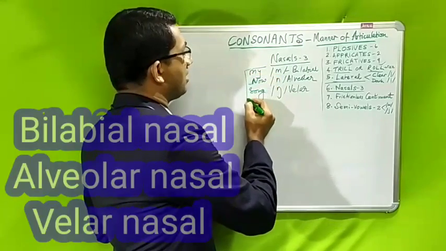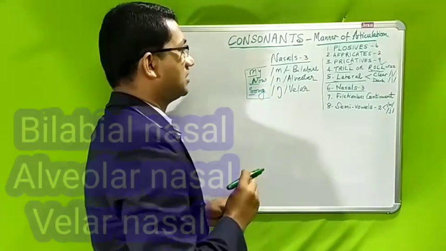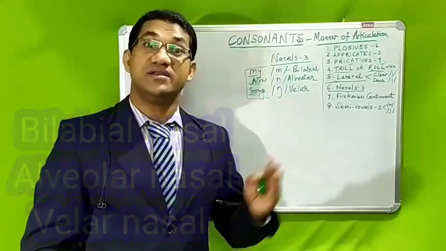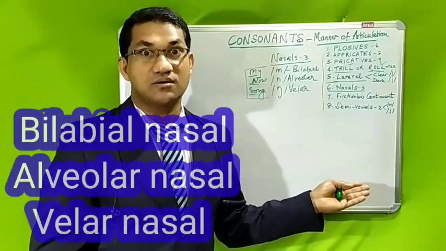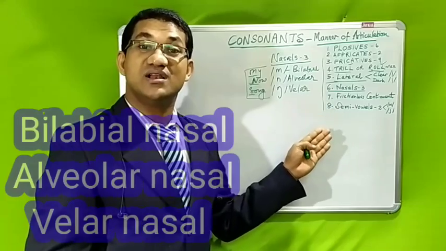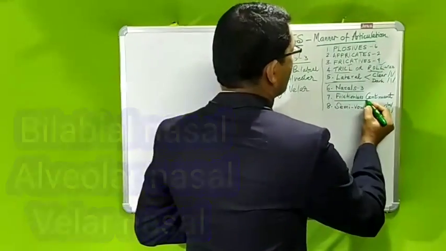So these are the three nasal sounds, okay? And with this we wind up our discussion of the nasals or nasal consonants, and we proceed to the frictionless continuant. The frictionless continuant, okay?